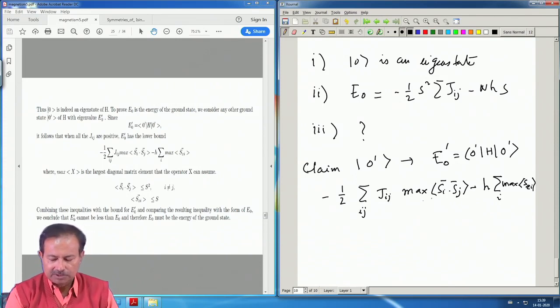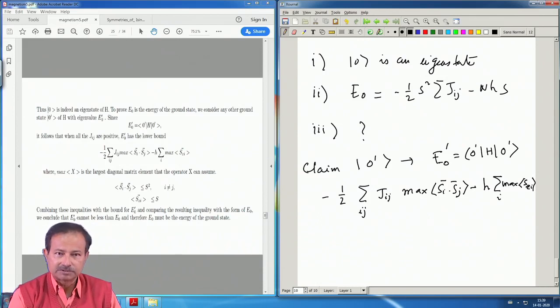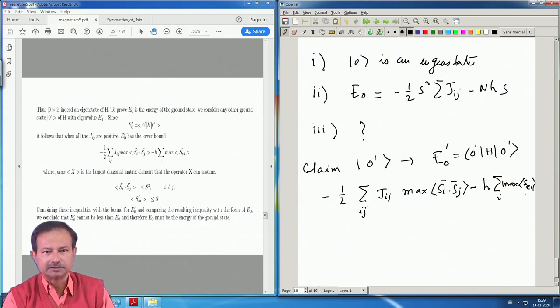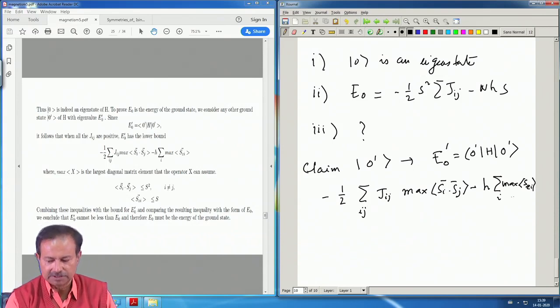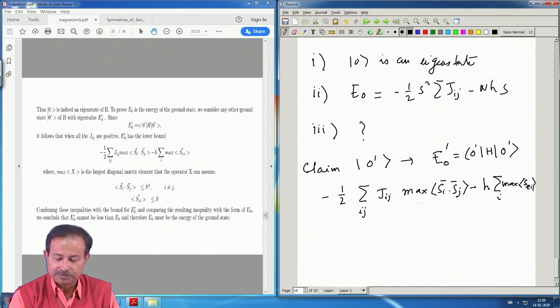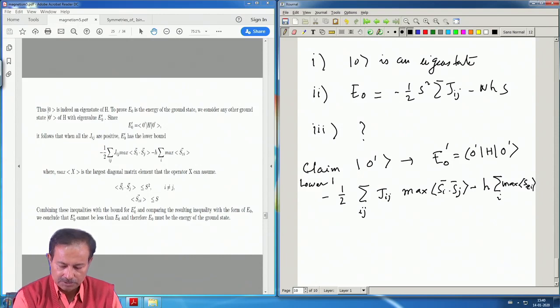I claim that E_0' is the energy of this state. So this is the minimum energy that you can think of, and then I will try to see if that minimum energy is bigger than, less than, or equal to E_0. That is what I will find out. This is the lower bound of the energy.